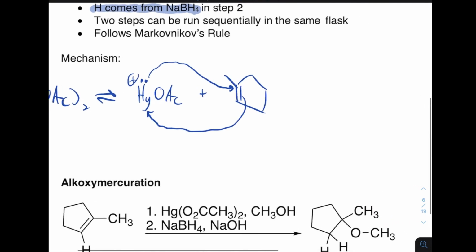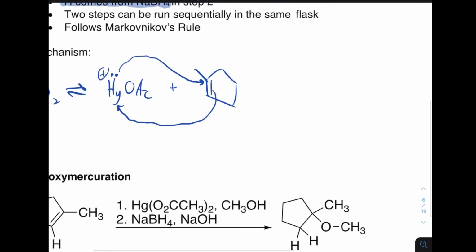And again, because mercury is such a big atom, it can't form this complete cyclic bond very well. So what we actually see is not only does mercury add like this, but it forms a partial bond with the more substituted carbon, making that carbon partially positive, right?